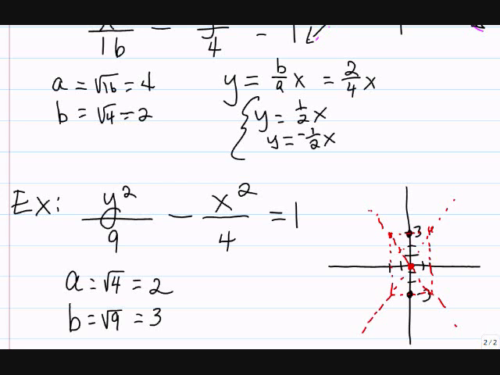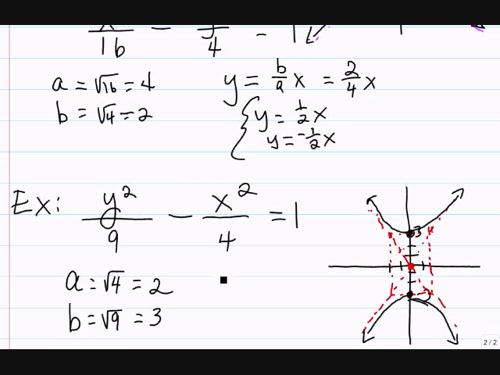And now from my vertices, I will start at the vertex and curve and go and hug the asymptote but never get there. And do that on both the positive direction and the negative direction.